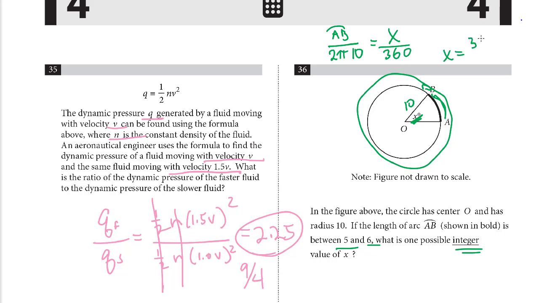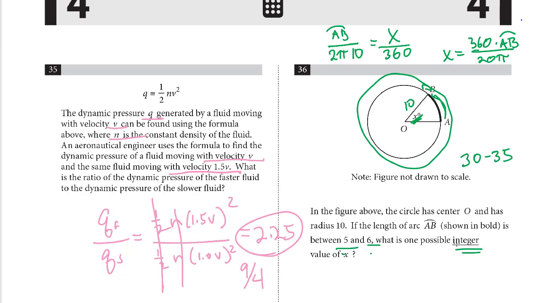That equals 360 times the arc length of AB divided by 20 pi. Now, if I wanted to really quickly estimate this, pi is 3, that's 20 times 3 is 60. 360 over 60 is 6. 6 times a length of 5, or 6, is going to be roughly from 30 to 35. Our answers are going to be in the low 30s.